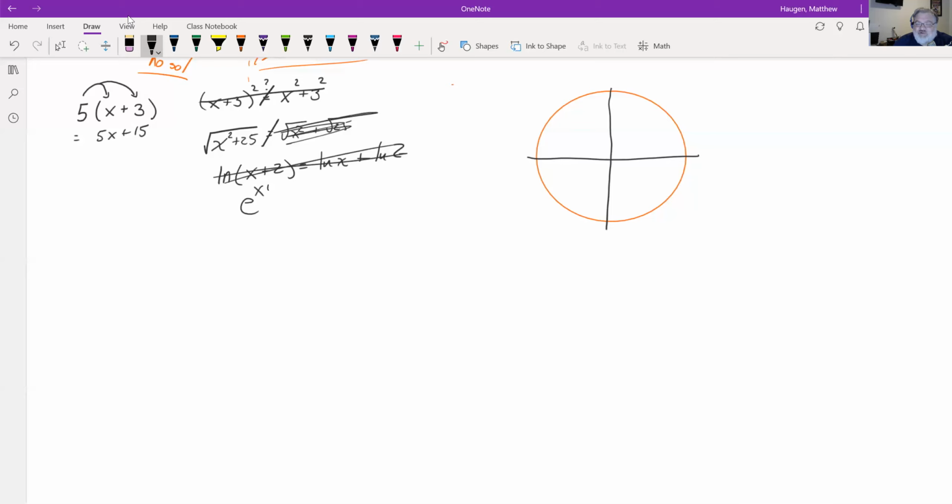e to the x plus 2, is that e to the x plus e squared? No, we can't do just that over the addition subtraction. It's not linear. Very, very, very few things are.